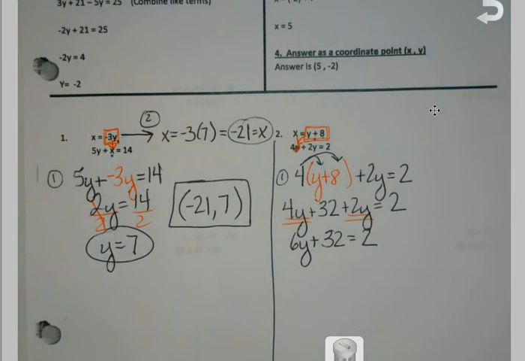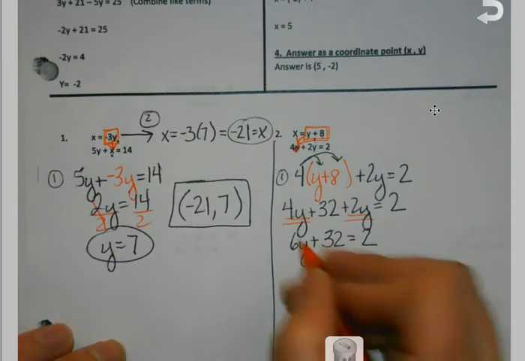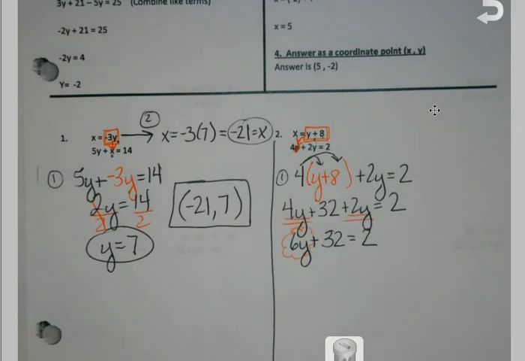But now I want to work on getting y alone now that they're all together. So what should I do next to work on getting 6y alone? One step before divide. Perfect.